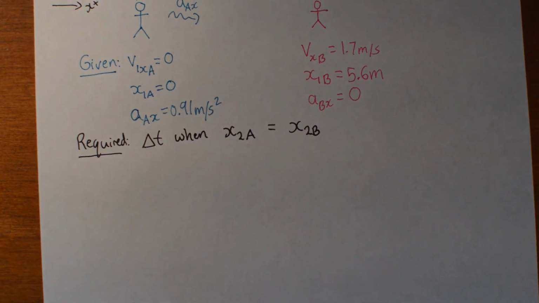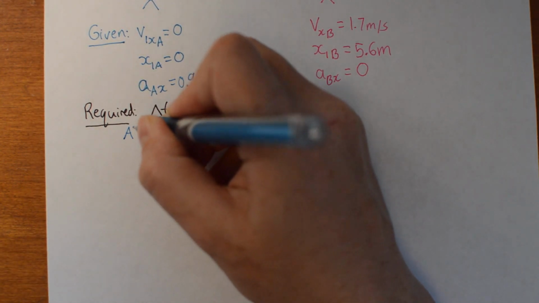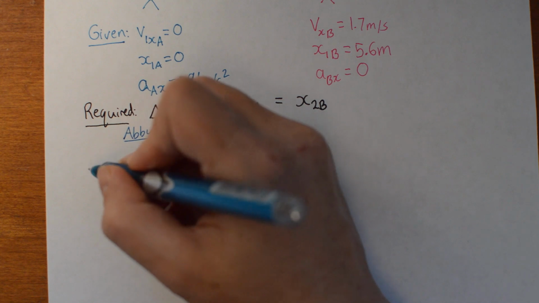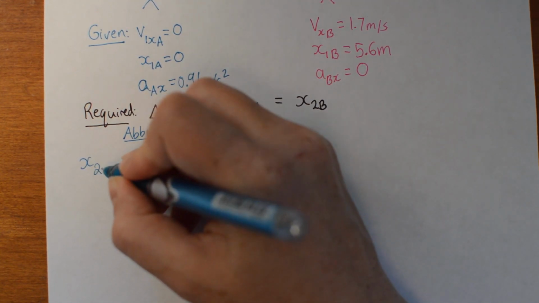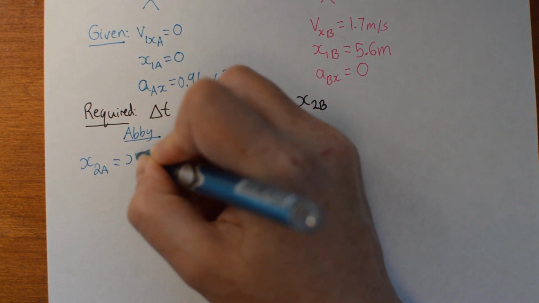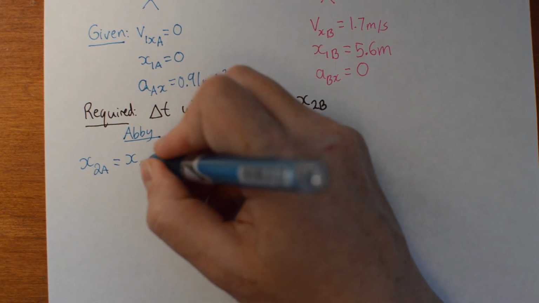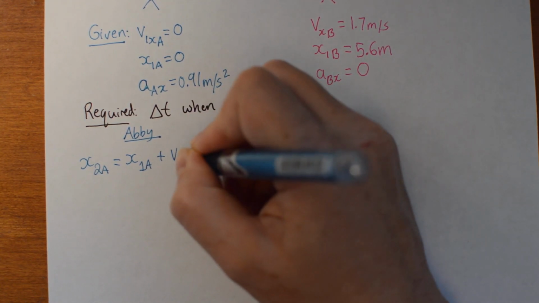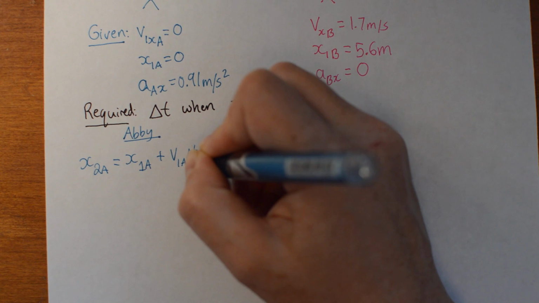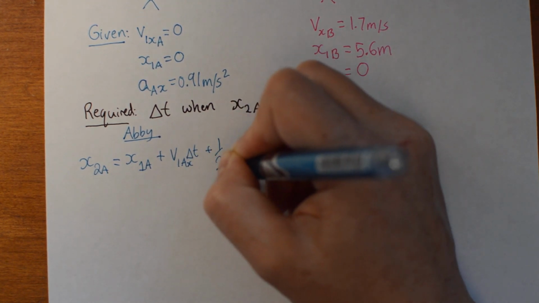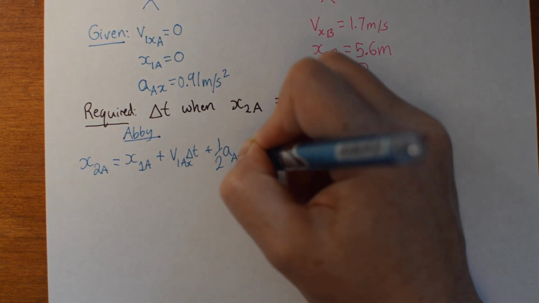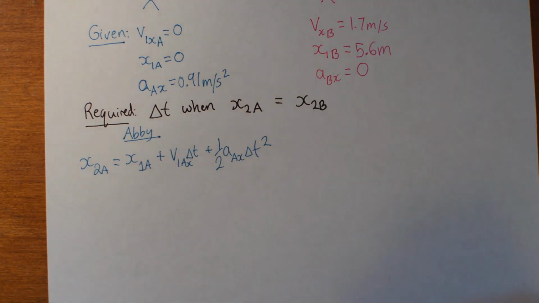I'll make Abby's equation over here. So this is Abby. Her final position, so x2 of Abby is going to be, I'll just write up my second kinematics equation, x1 of Abby plus v1 of Abby delta t in the x direction plus a half a of Abby in the x direction delta t squared.